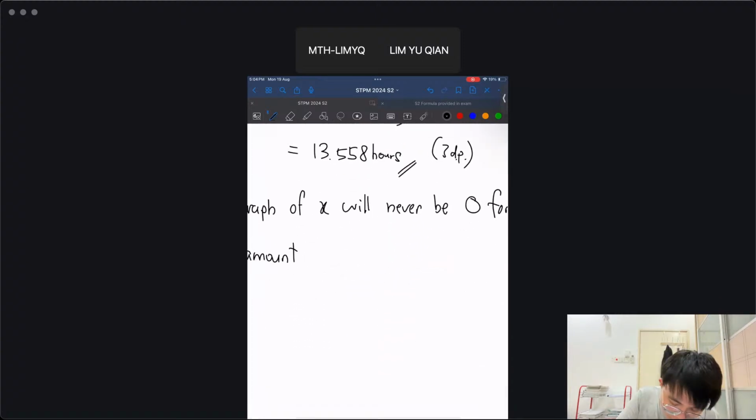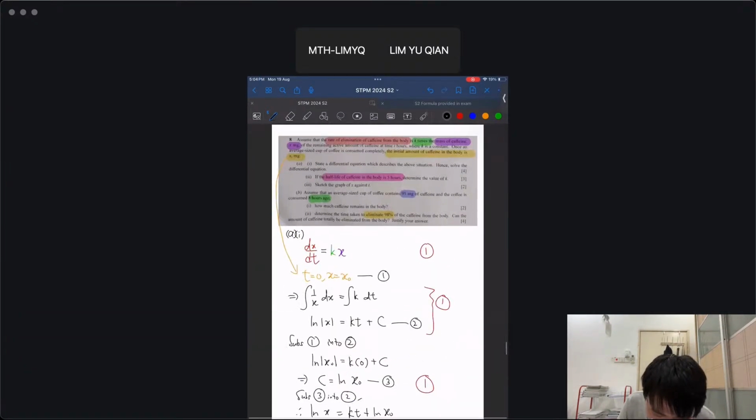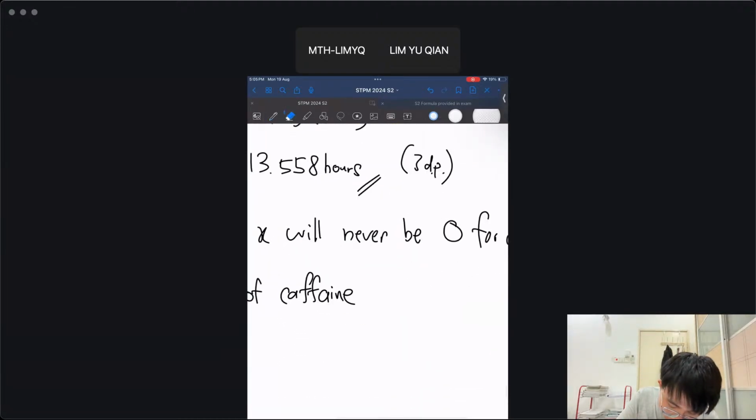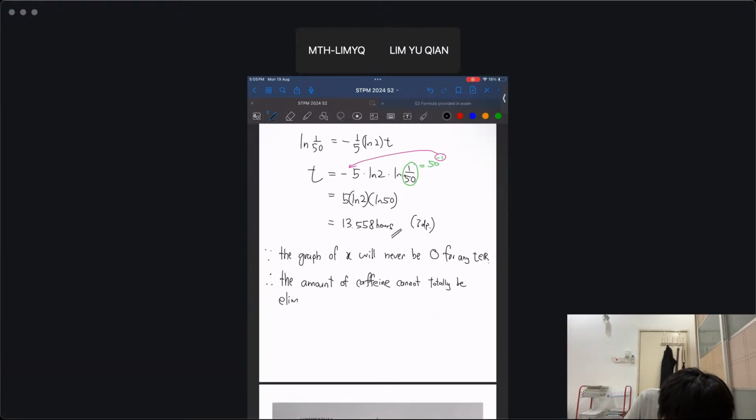The graph of x will never be zero for any value of t.